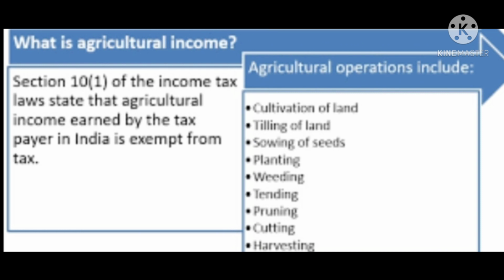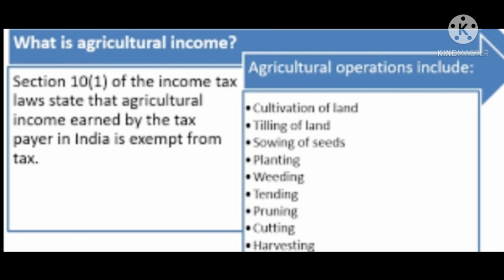Under income tax, agricultural income is described under Section 10, subsection 1 of the Income Tax Act. The law states that agricultural income earned by the taxpayer in India is fully exempt from tax. Now, what are the operations which include agricultural activities?